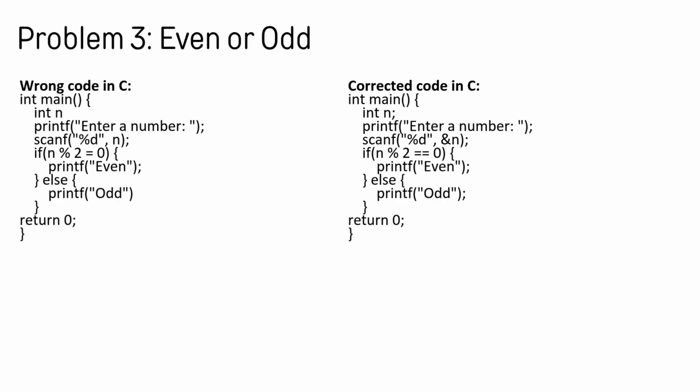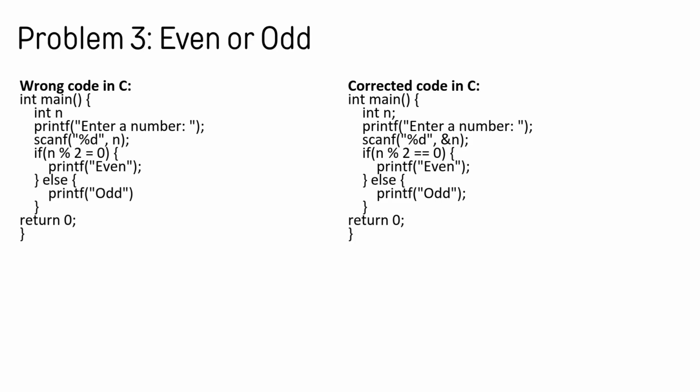If n modulus 2 double equal to 0, that means n will be divided by 2. After division, if the modulus result or remainder is 0, then we can call it an even number, otherwise it is an odd number. So this is also a logical error here. With modulus, only one equal sign is not allowed, it should be double equal.